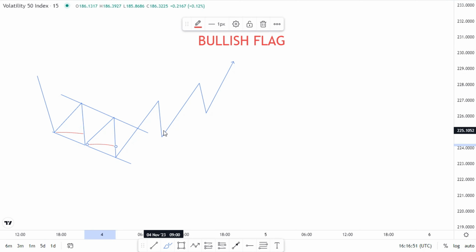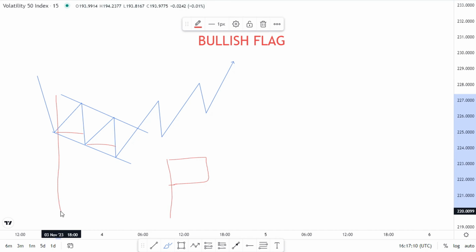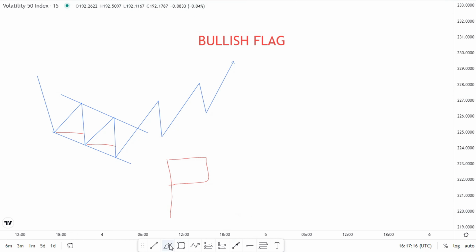If you have been seeing a flag, this is a pole, then we have something like this, a flag. Most of you have been aware of this thing called a flag. So if you put something like this here, this is a flag. I was just trying to indicate it, so I'll keep my chart clean.